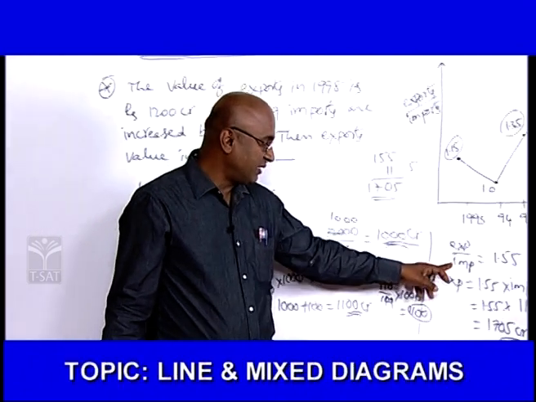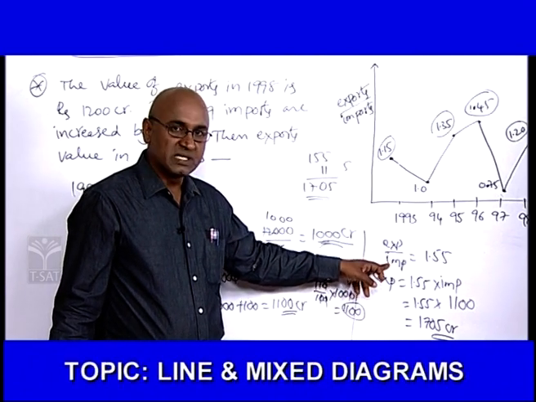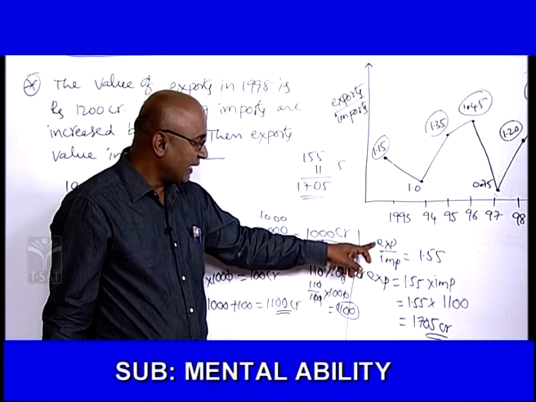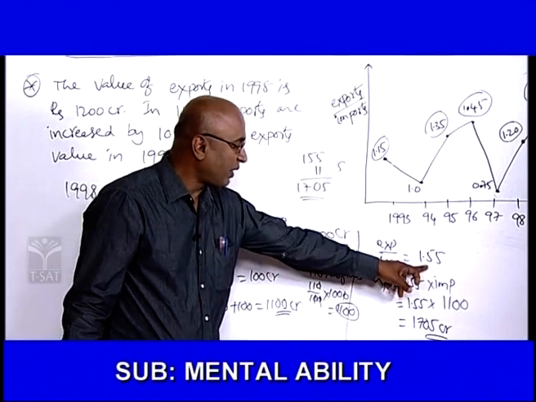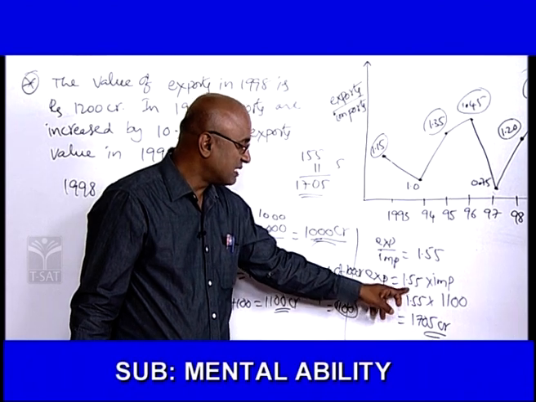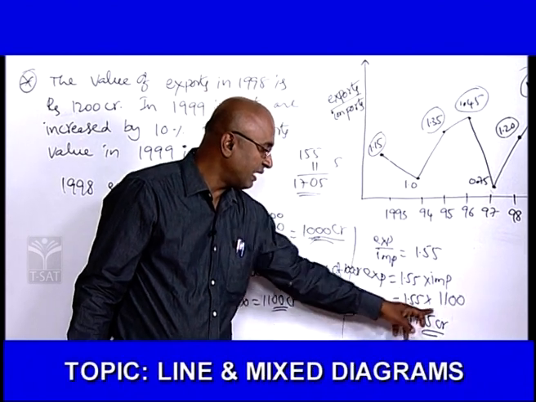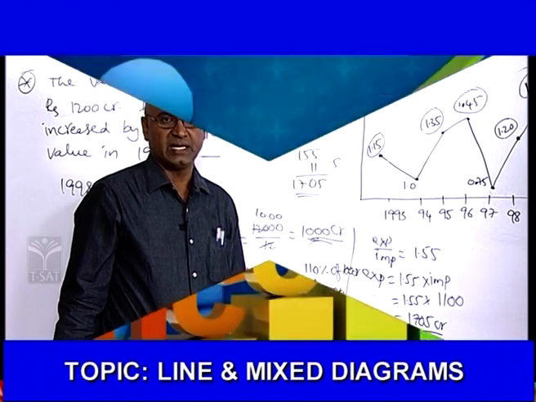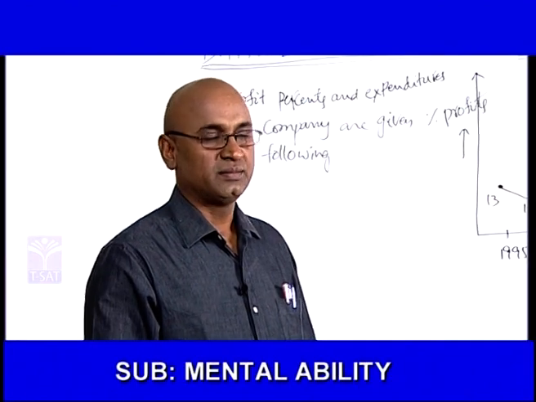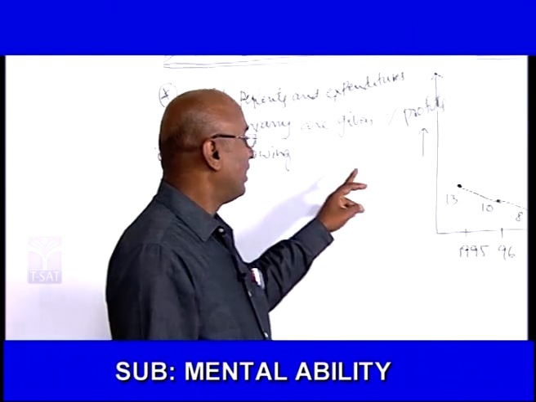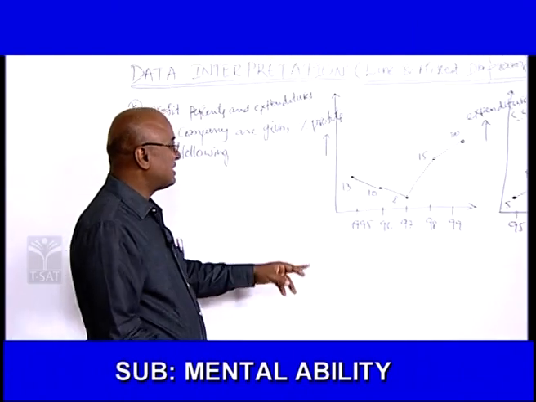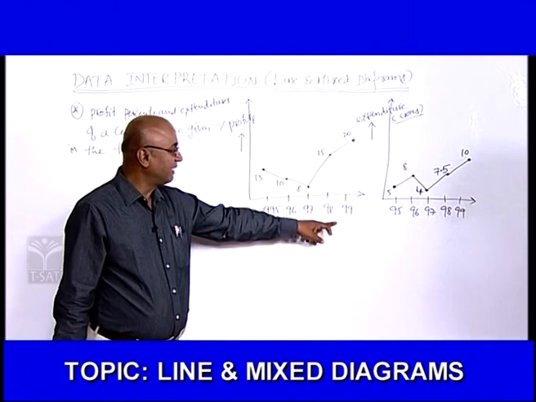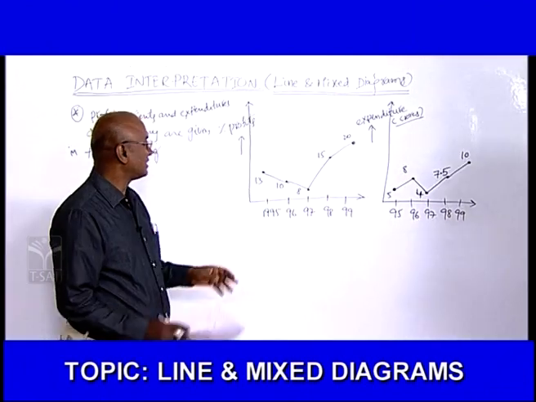Now in the year 1999, exports by imports is equal to 1.55 and imports is 1100, and exports is equal to 1.55 into imports, that is equal to 1.55 into 1100, that is equal to 1705 CR is the required answer. Next problem. Here the percent profits of a company for various years from 1995 to 99 are given like this.